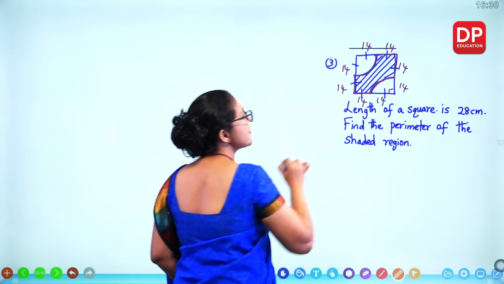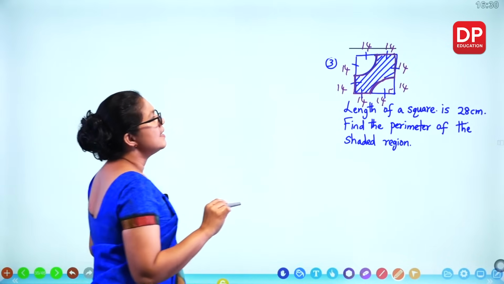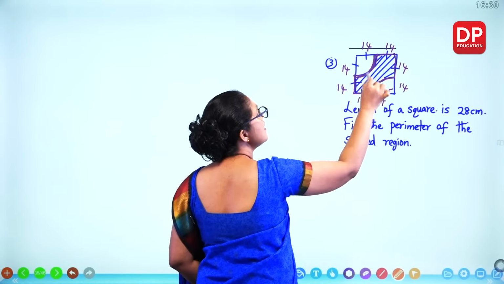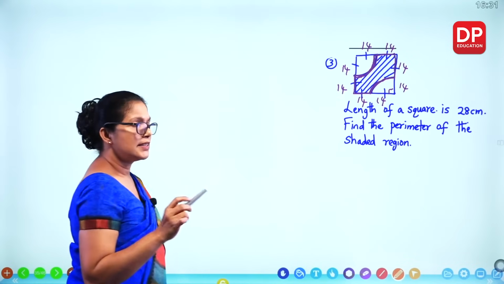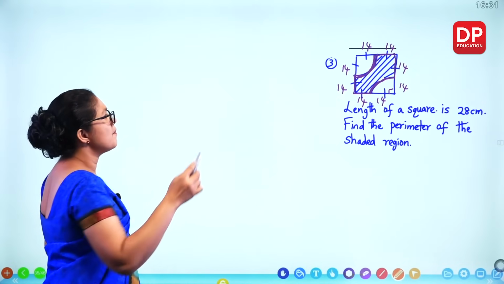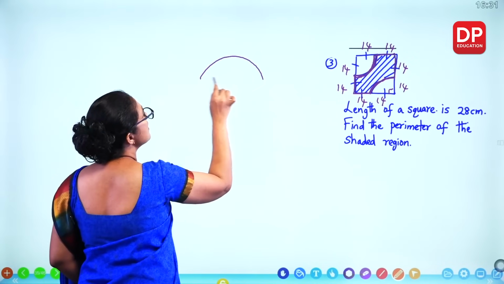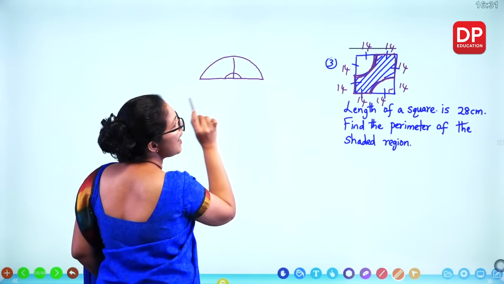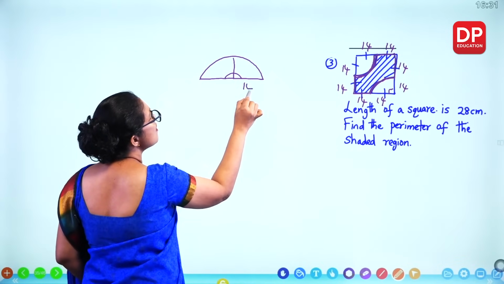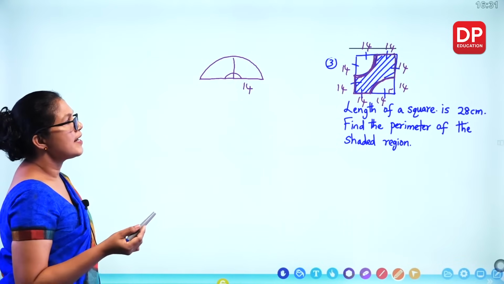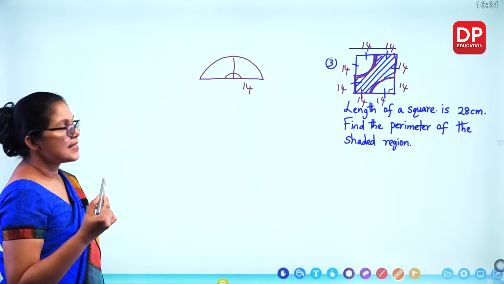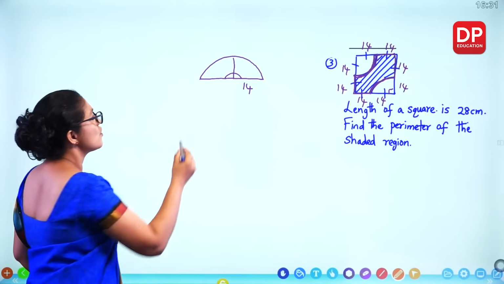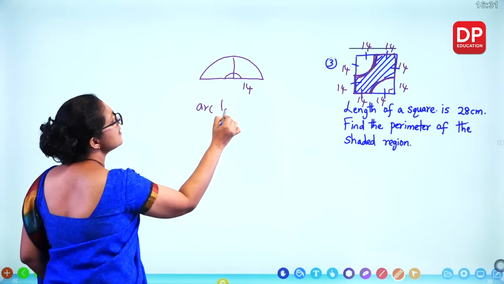Here 90 degrees. Quarter of a circle, the radius is 14. And here also you are getting a quarter of a circle. So quarter and quarter becomes a semicircle. So here you get 180 semicircle angle and radius is 14. So we can find out the perimeter by calculating the arc length first. So first we'll find out the arc length.